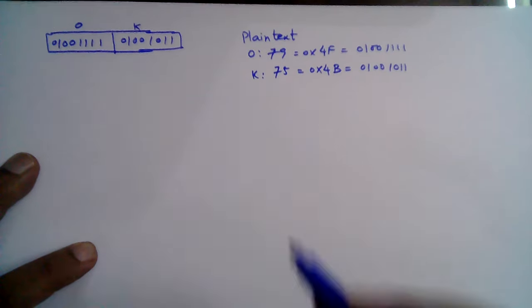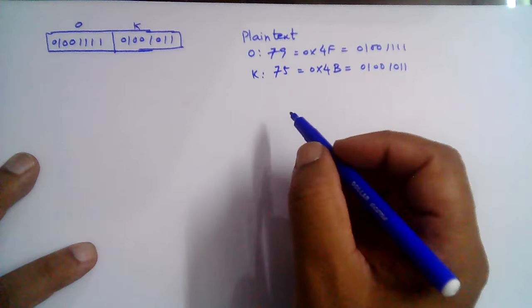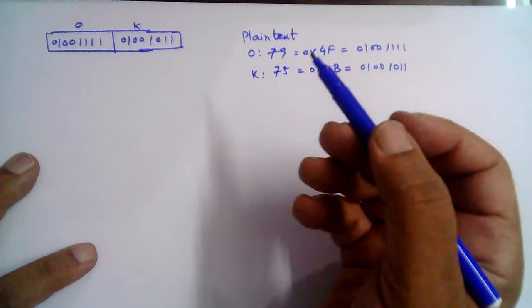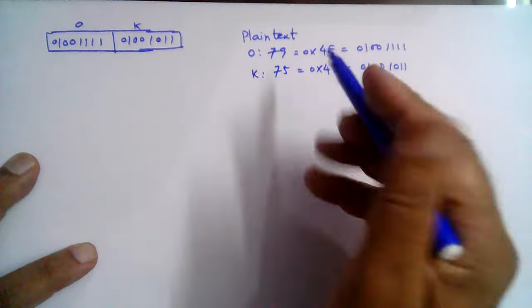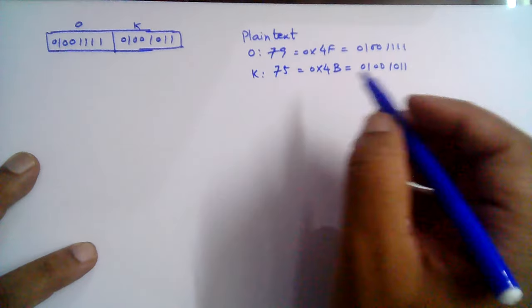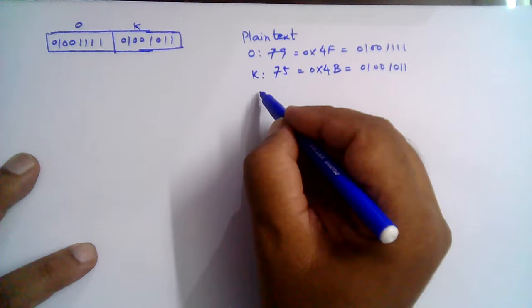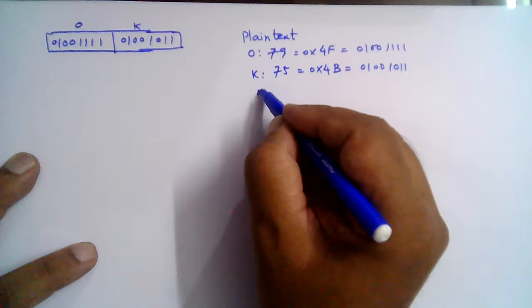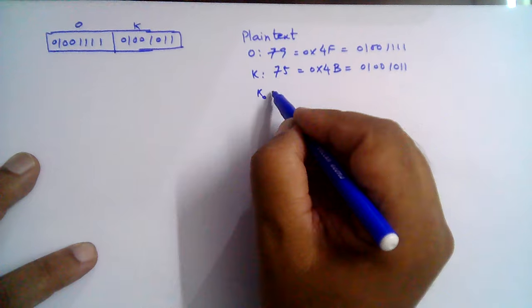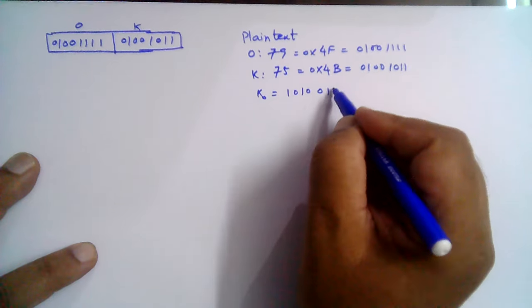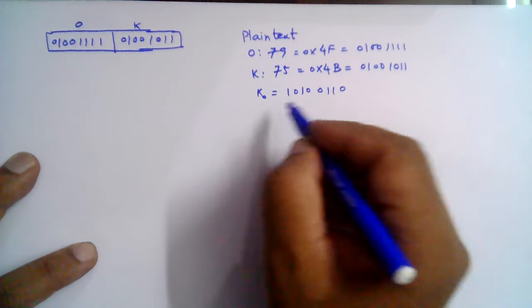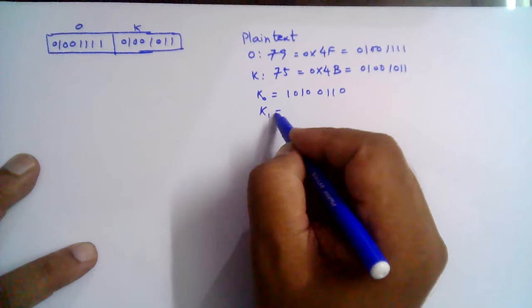So let's suppose we have some key and the subkeys. Let's just go through the two rounds, right? For this example, we are considering only two rounds. So let's suppose we have some key, and from that key we derive a subkey K naught, which is suppose 10100110, and we have another subkey K1.